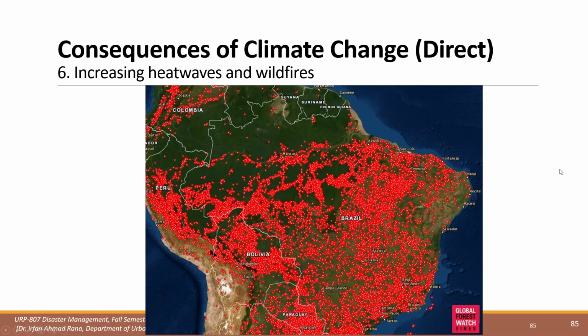Okay, so if we link heat waves to the rising temperature, there will be an increased number of heat wave events as well as wildfires, which can be linked to climate change due to intense heat. These heat waves or wildfires will ultimately have an impact on human health.